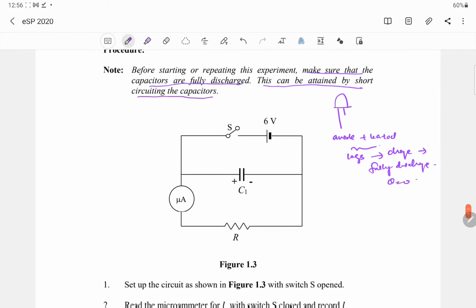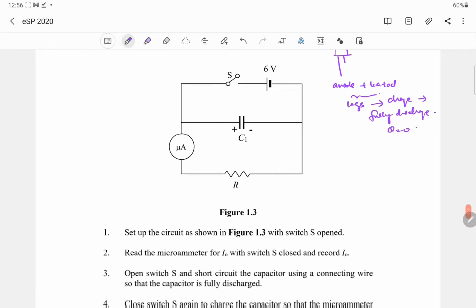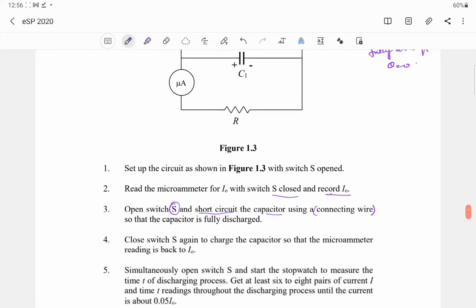Alright, set up the circuit as in the figure with the switch open, then close the switch and record I naught. Open the switch and short circuit the capacitor using connecting wires, or let the anode and cathode meet together, so the capacitor will fully discharge.